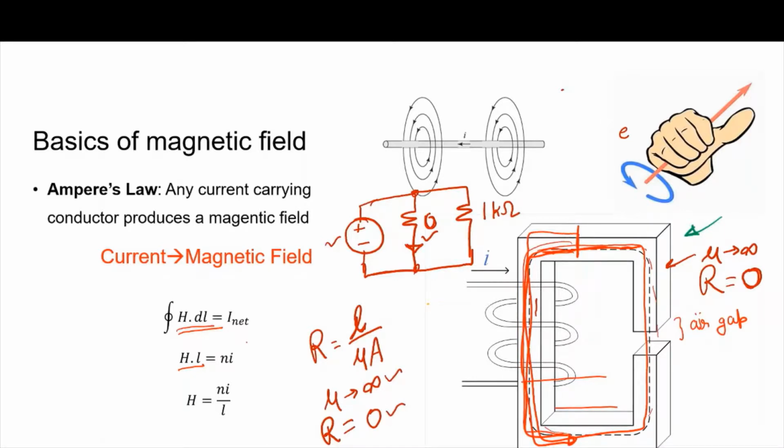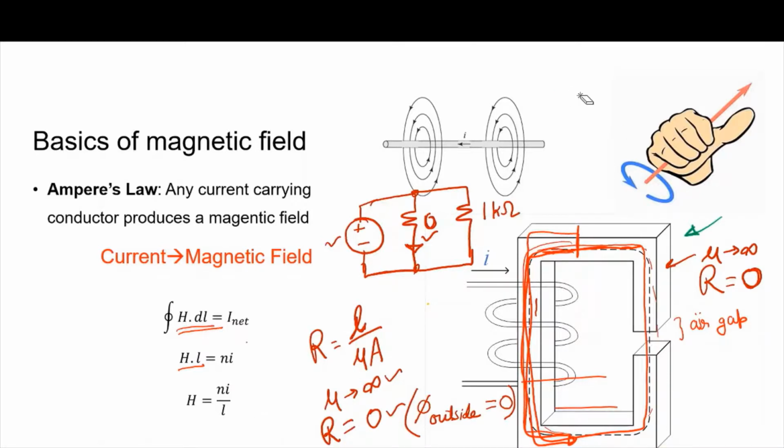If we have an infinitely permeable material, reluctance is 0, so there will not be any flux outside the magnetic material. Otherwise, there will be some flux. That is called leakage flux. There should not be any leakage, and that is why we go for highly permeable material, because we try to reach infinite. In most of our design goals, we want to reach either infinite or 0.